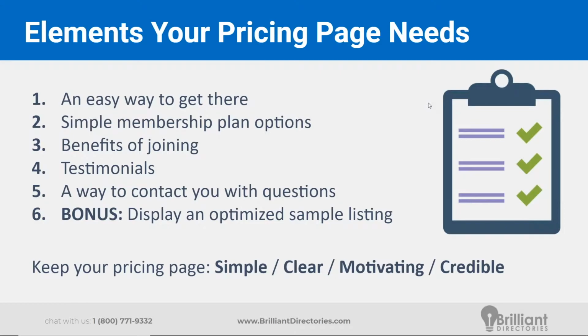Whatever the page is that you're directing people to get more information or learn about the membership plans, ultimately, the same things apply here. So maybe it's not an easy way to get to the actual prices that you're offering, but an easy way to request the prices, or to request how to be included in the website. So that's the alternative strategy a lot of people may be using.